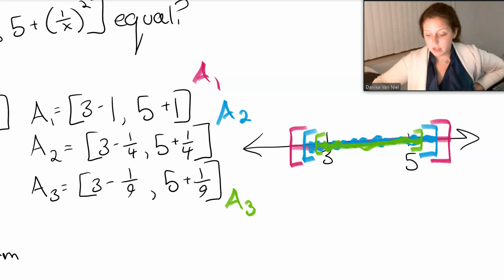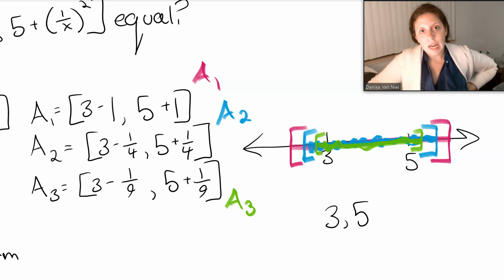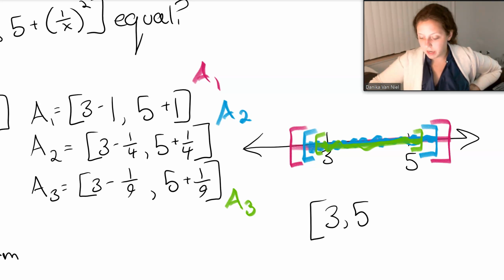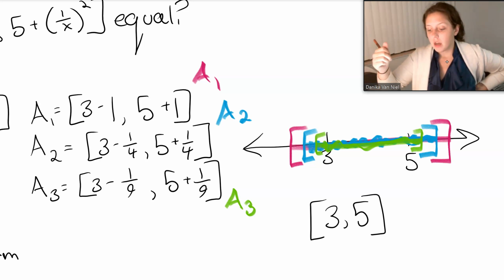So let's think about this pattern. What are we doing? Well, we're approaching 3 and we're approaching 5. Now we need to ask ourselves, do we have closed brackets or open brackets? What we want is closed brackets, and how you figure that out is you ask yourself, is that element in every single one of my sets?